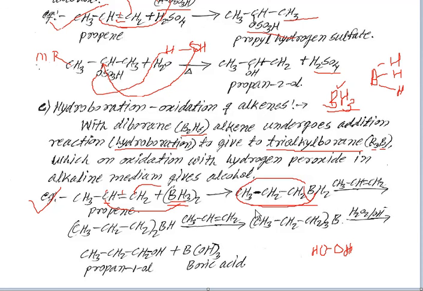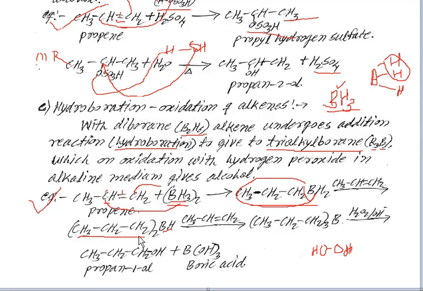In the second step, when that product reacts further with propene, we get replacement of 2 hydrogen atoms of that boron with that group. Then we get CH3 CH2 twice, BH. Then it remains only one hydrogen with that boron.